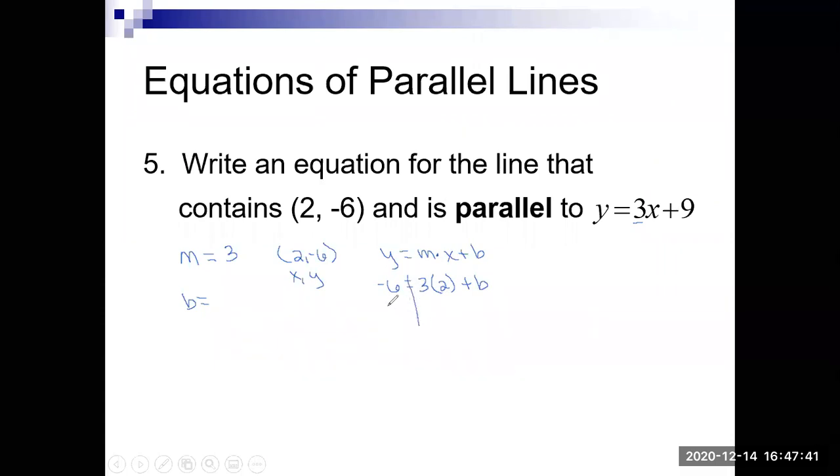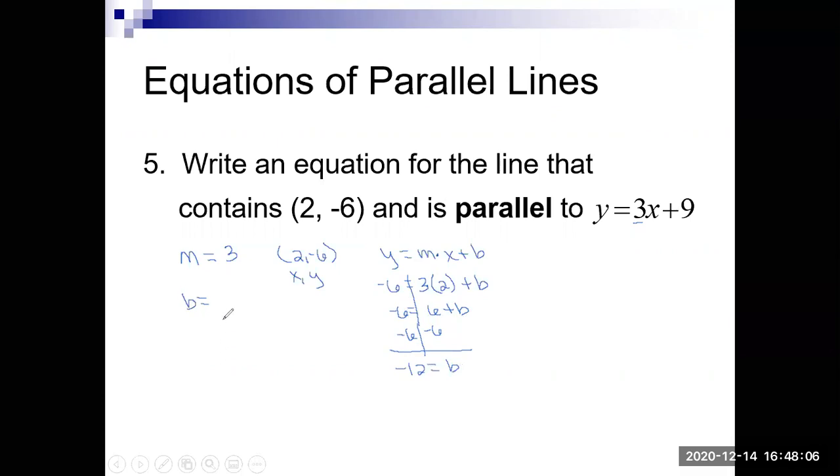Next is to multiply. Multiply 3 times 2. Next is to solve for b. So what are you going to do to both sides? Subtract 6. So therefore, -6 minus 6 is -12. And that equals my b.